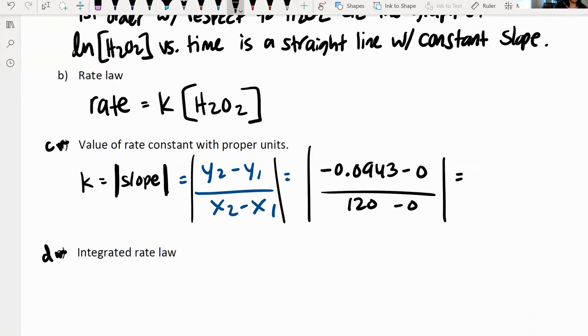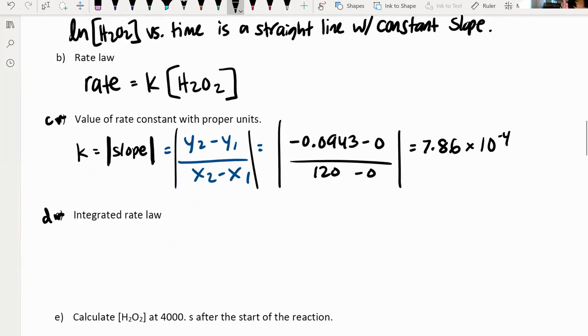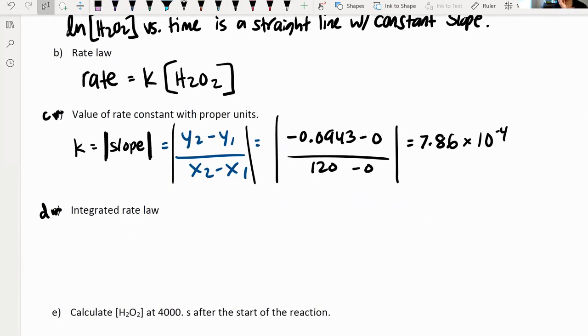So 0.0943 divided by 120, I get 7.85, sig figs, we'll go with 3, 7.86 times 10 to the negative 4. That's my numerical answer for k.